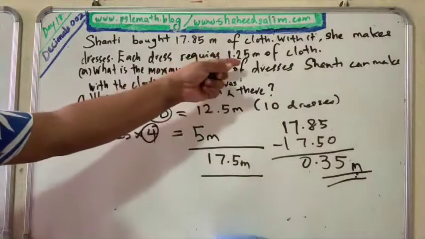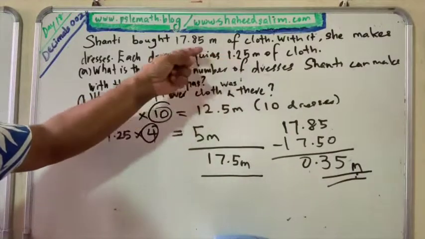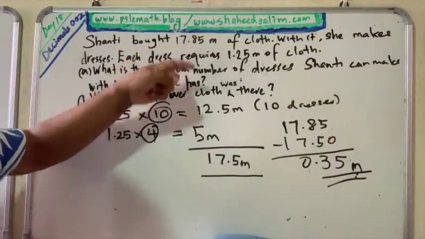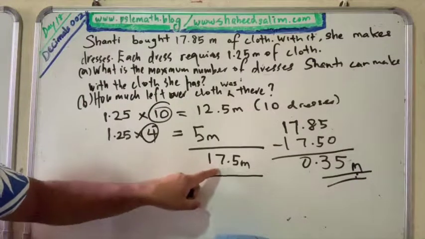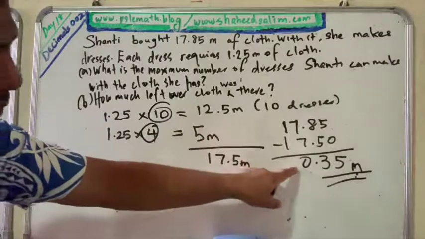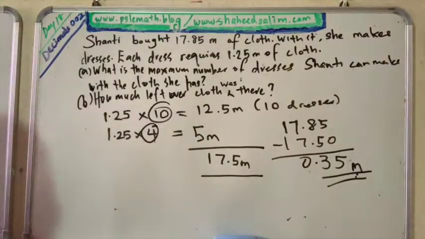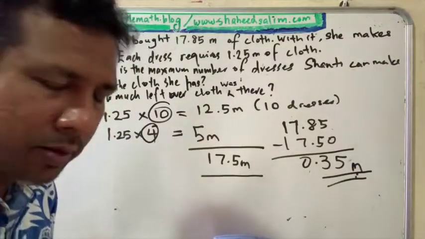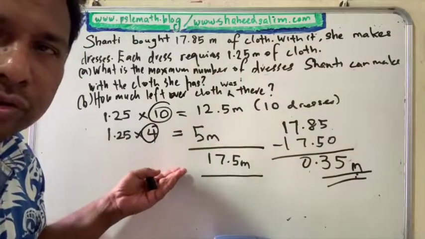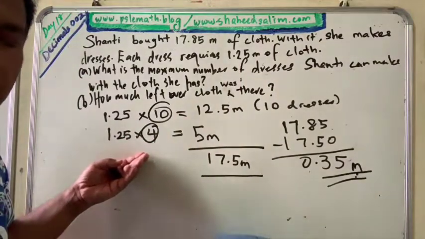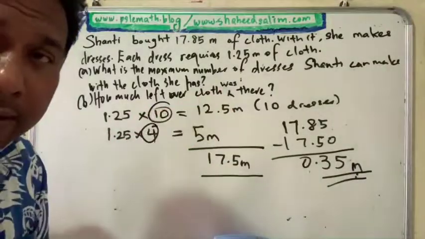So you can work upwards if you want to. Work it as close as possible to 17.85, which is what I've done. So it's 17.5, and then I subtract and find the difference. But with this method, to some degree, you're guessing how many dresses she's making. If you use the earlier method, that's more precise.